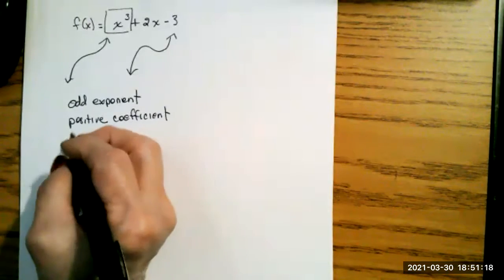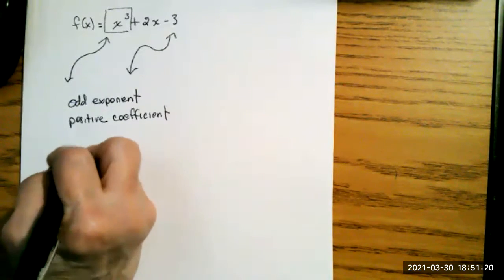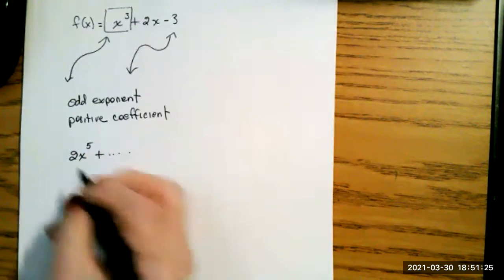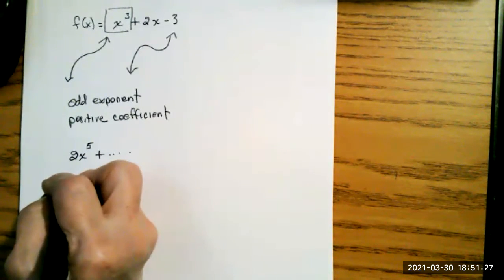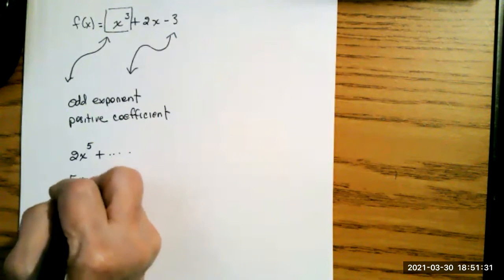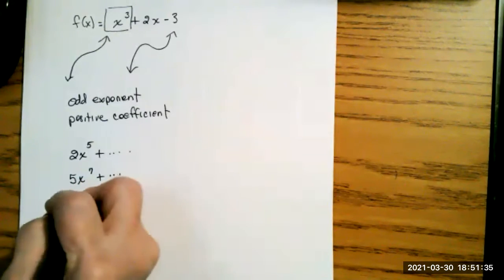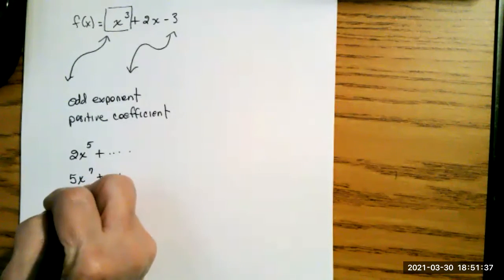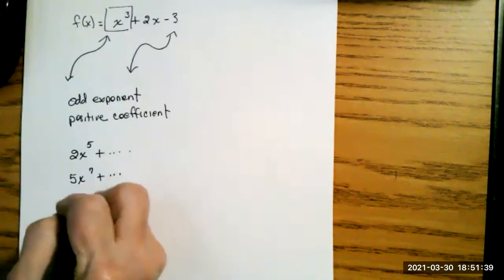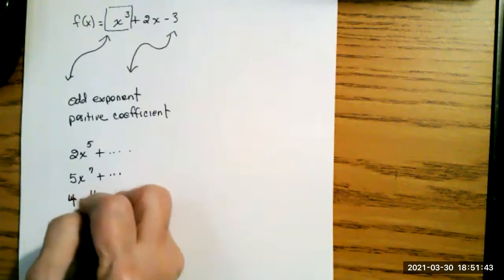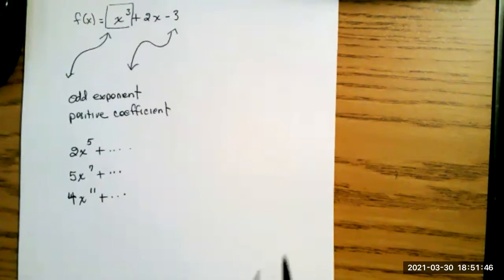So if I had 2x to the 5th plus something, something, something, or 5x to the 7th plus something, something, something, or 4x to the, what else can I do? 11 plus something, something, something.